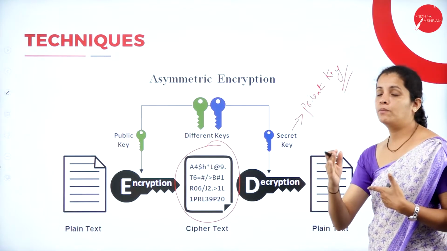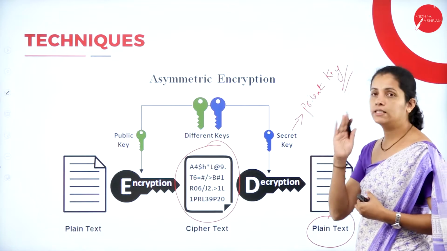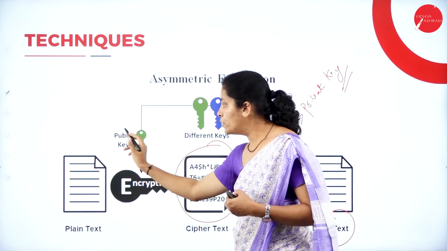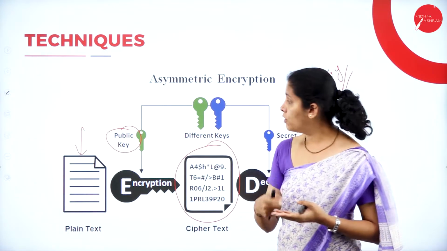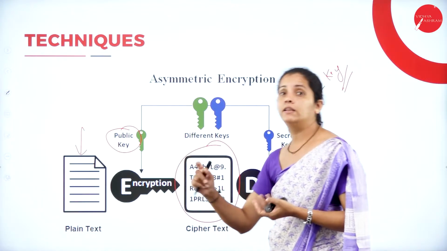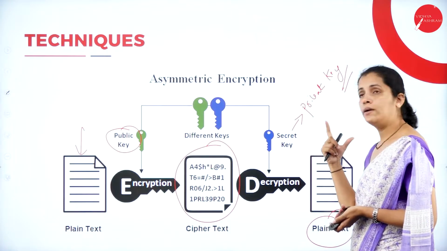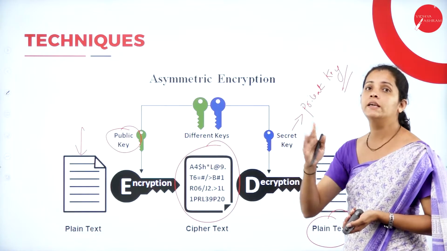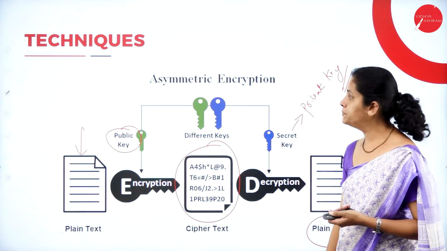After decrypting, I'm going to get the plain text. So dear students, just remember that in the encryption algorithm, I'm going to use the public key, and in the decryption algorithm, I'm going to use the private key. This is the difference between asymmetric key encryption and symmetric key encryption.